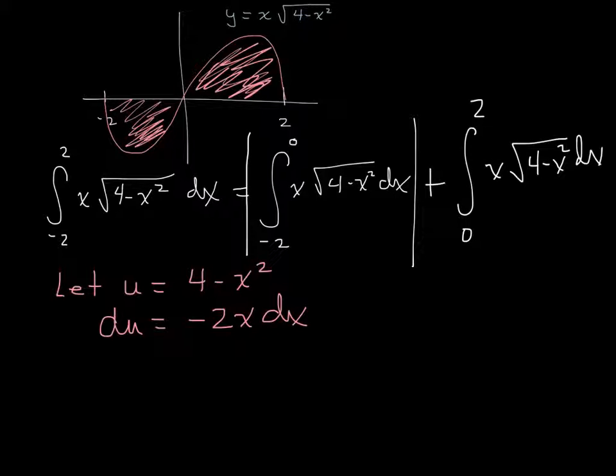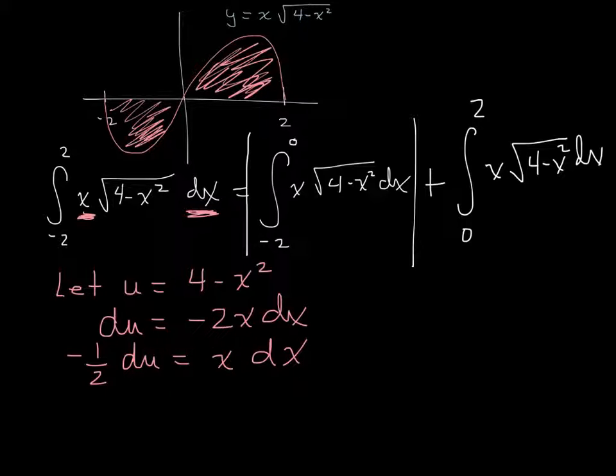Well, as we can see, all we need is an x dx, so we can move the -2 to the other side by dividing it. So in other words, -1/2 du equals our x dx. So that's the piece that we're going to substitute.